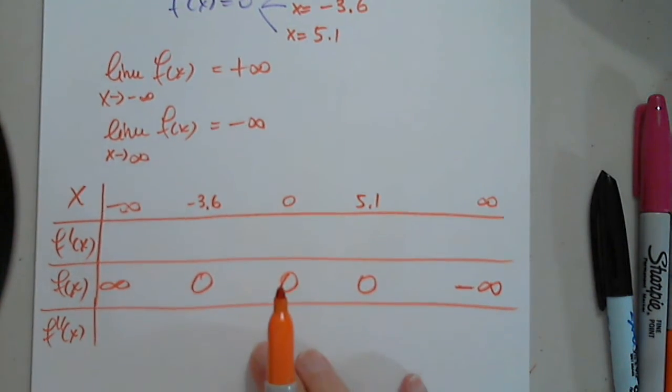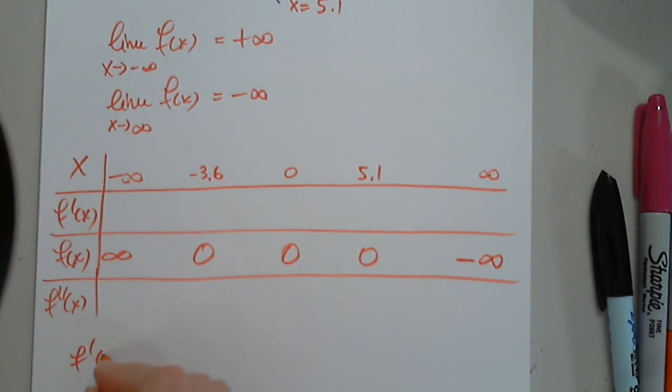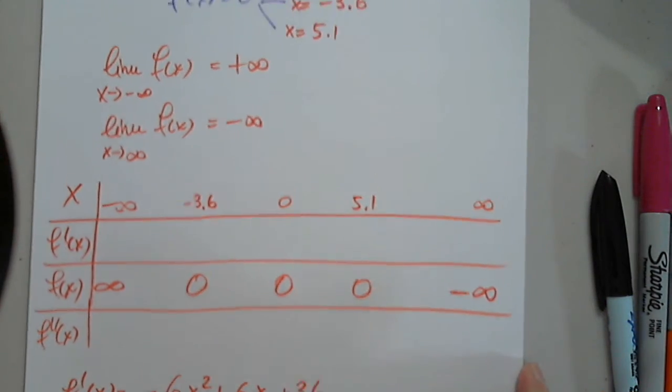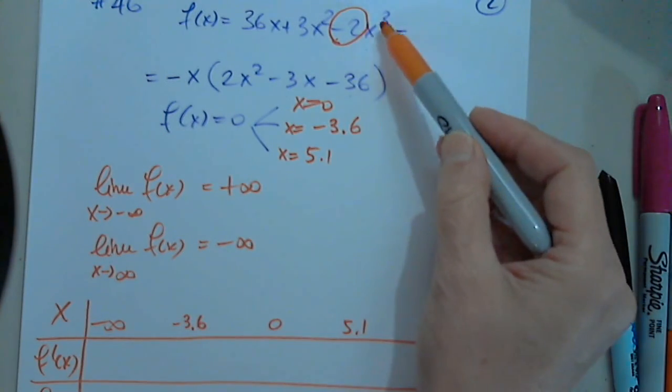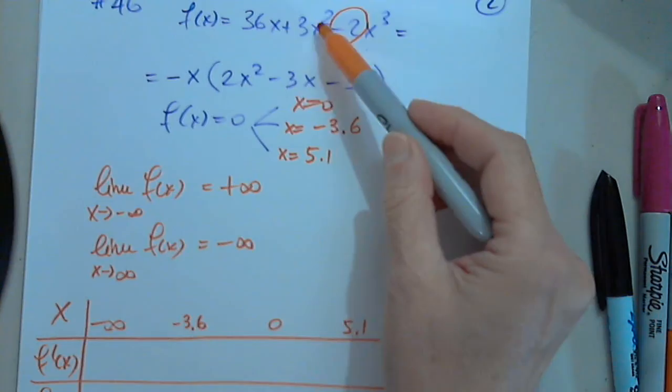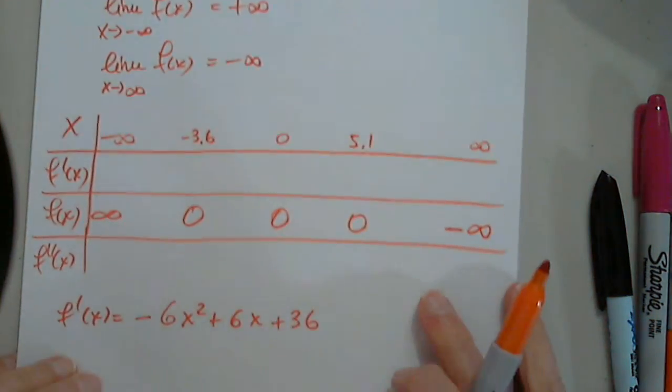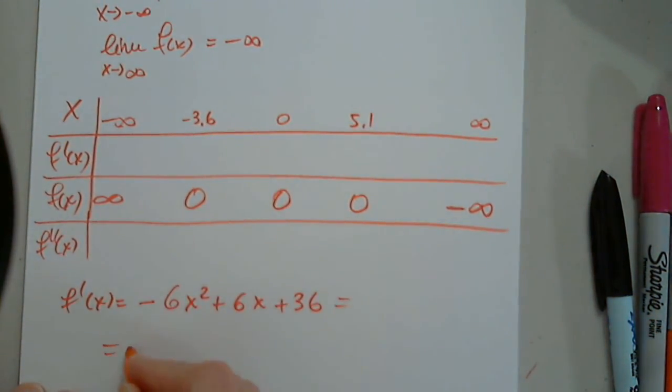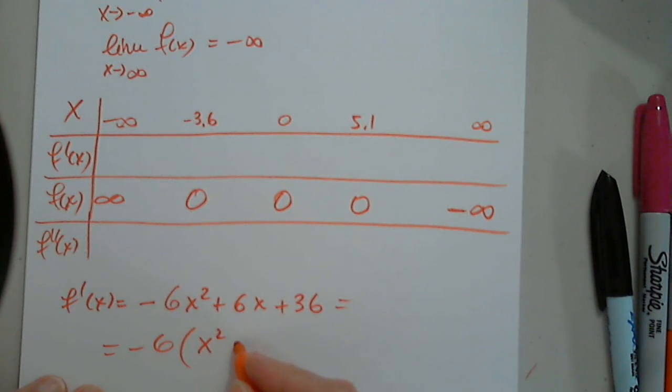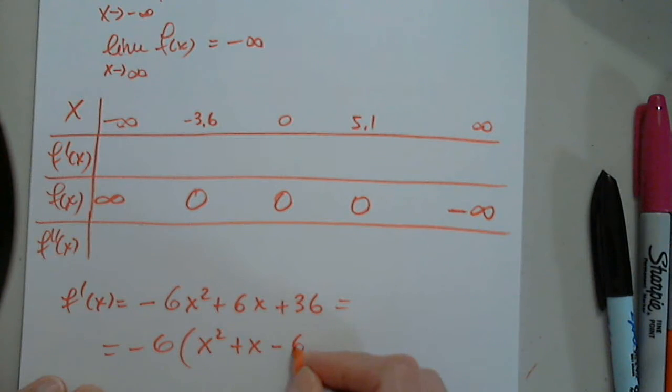Now I have to find the derivative. So f prime of x will be negative 6x squared plus 6x plus 36. Yes, of course, right away I will get it ready: x squared minus x minus 6.